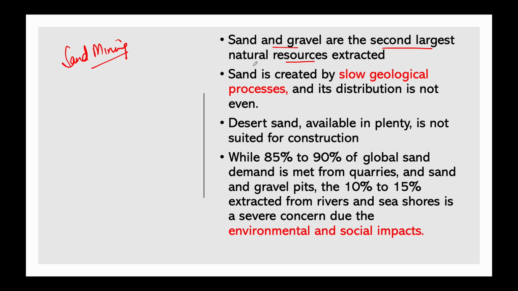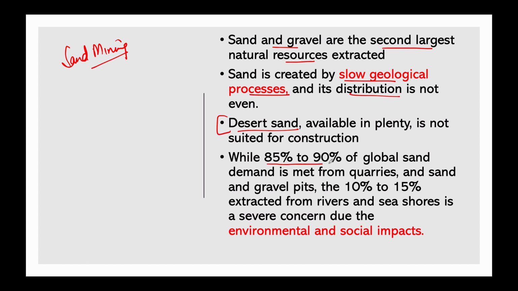Sand is created by slow geological processes, and its distribution across the country is not even. Usually we think desert sand can be used, but although it is available in plenty, it is not suited for construction use because it is wind smoothed and therefore non-adherent.